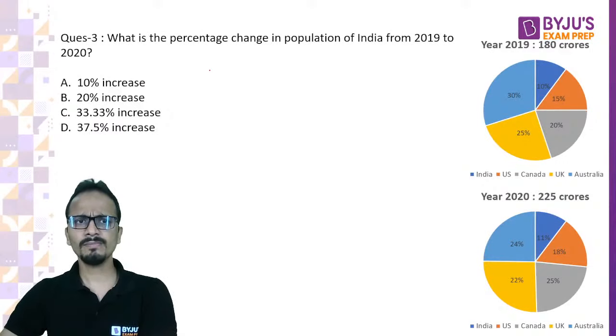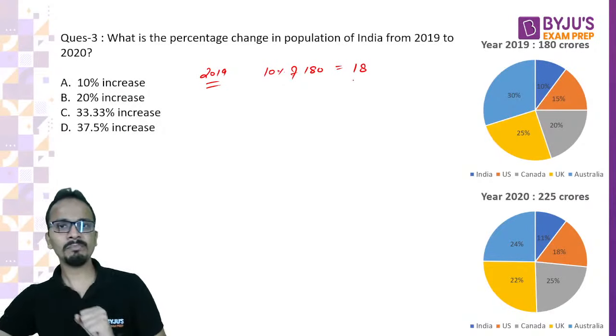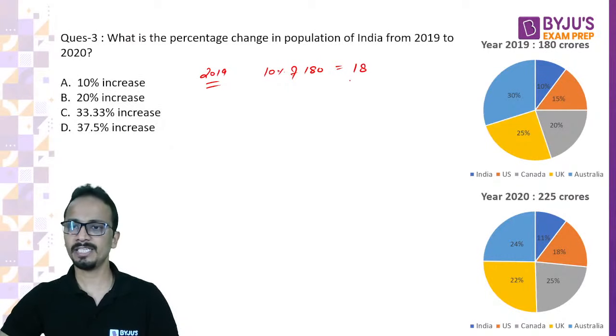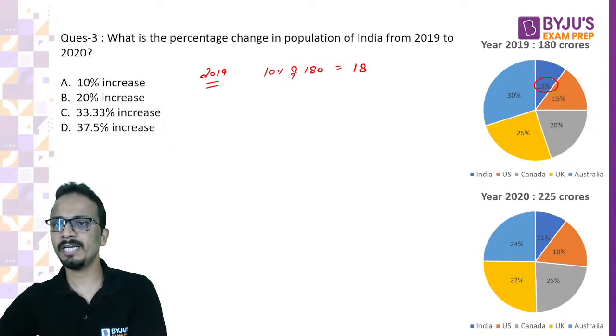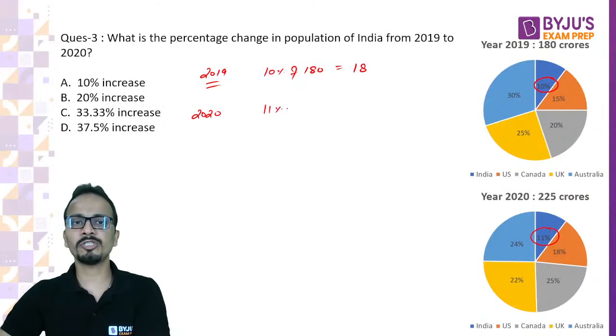First of all, I'll calculate the population of India in 2019. In 2019, it is 10% of 180, which is equal to 18. So this is India and this is also India. Now in 2020, the value will be 11% of 225.